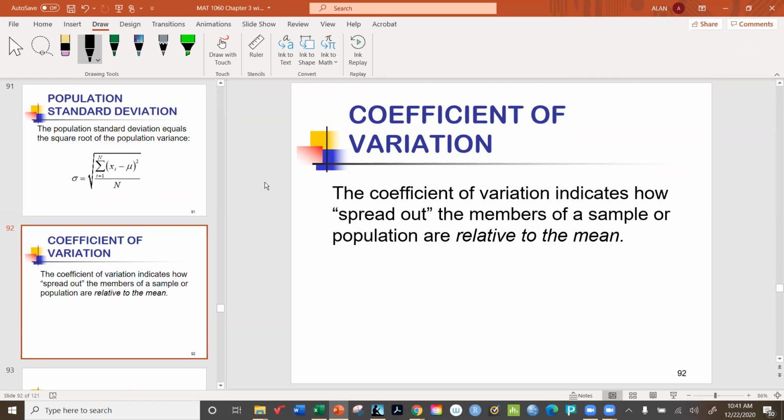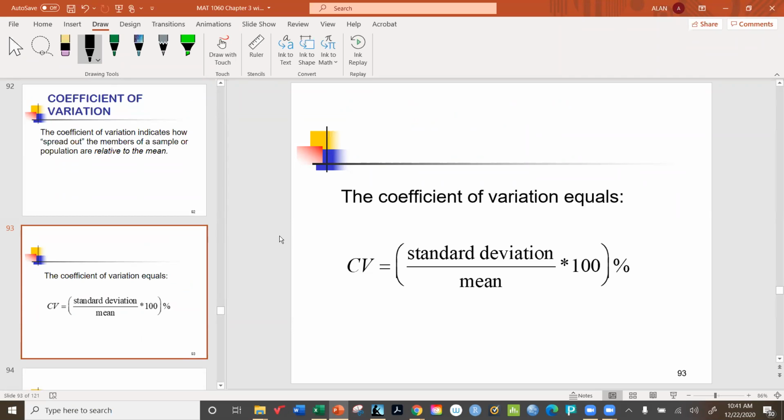So in other words, it sounds very mysterious, but what you're doing is taking your standard deviation and dividing by the mean, and then usually we multiply that by 100 to turn it into a percent. So this applies to both populations and, of course, samples.